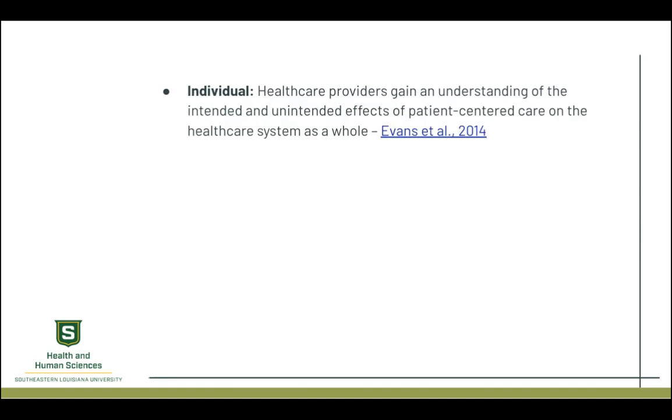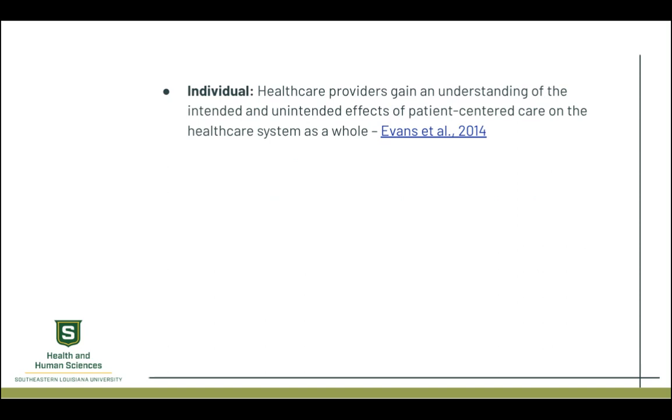So another way to look at a system and to understand the complex system is to look at it from an individual perspective. And according to this researcher, healthcare providers need to, as individuals, gain understanding of the intended and unintended effects of patient-centered care on the healthcare system as a whole.